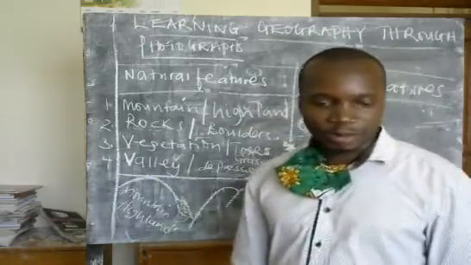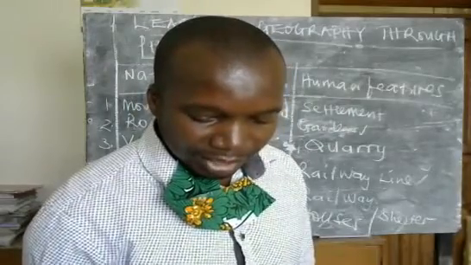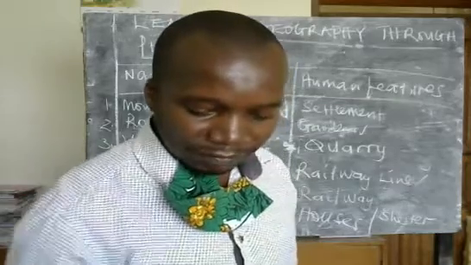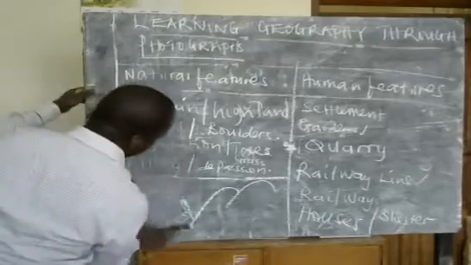Aspect 2 was about explaining how any two human features are influenced by the natural environment.